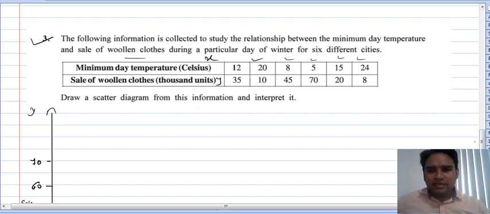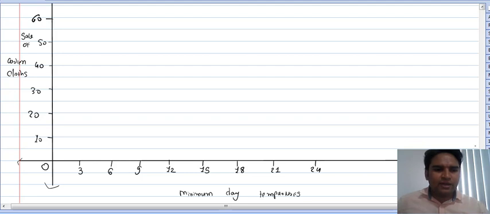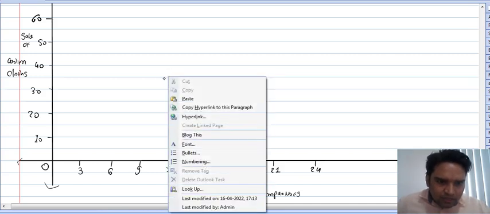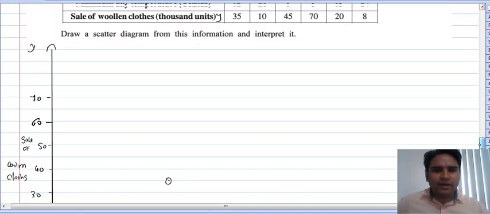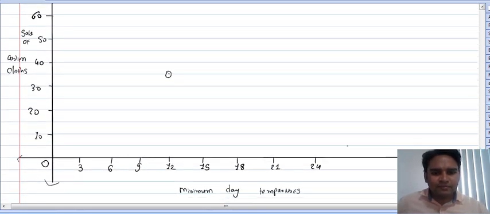mark the intersection points. You can see 12 is the number, and 12, 35. So you can see 12 and it intersects here approximately. So 35 is here, right? So that is my intersection point 12, 35. Then 20, 10. So 20 will be approximately here, and 10.